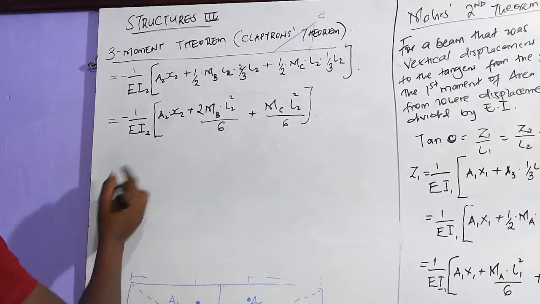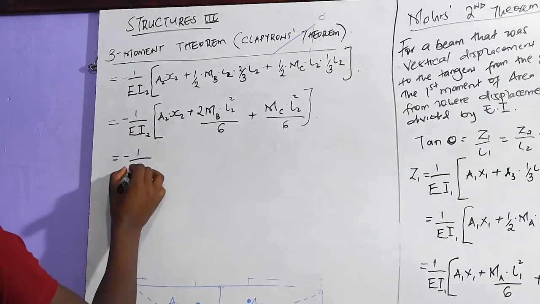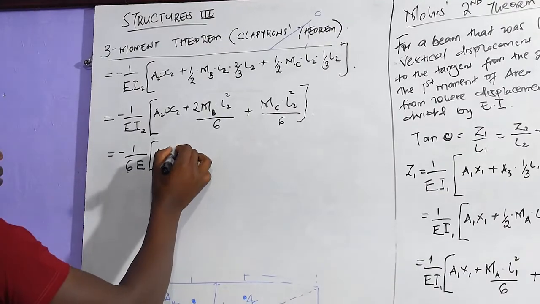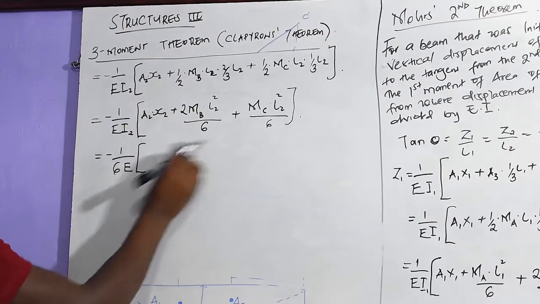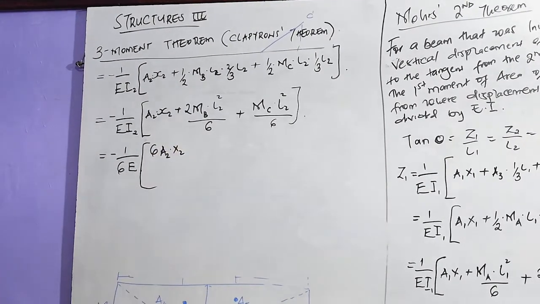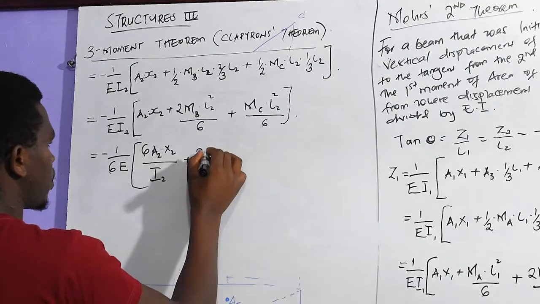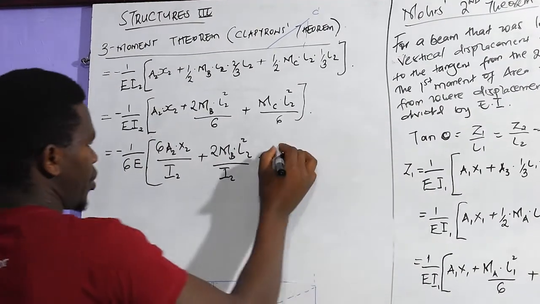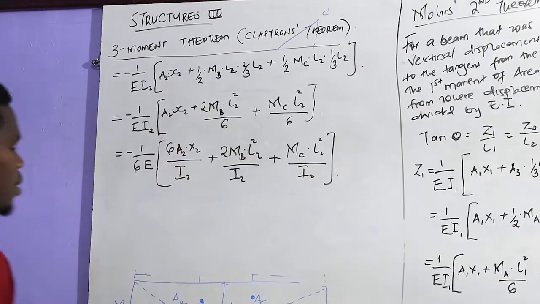We factor out 6 and then we divide all through by I2, so this one will be negative 1 over 6E in the bracket, 6 area 2 X2 divided by I2, plus 2 moments at B L2 squared all over I2, you add moment at C, L2 squared over I2. Like so.